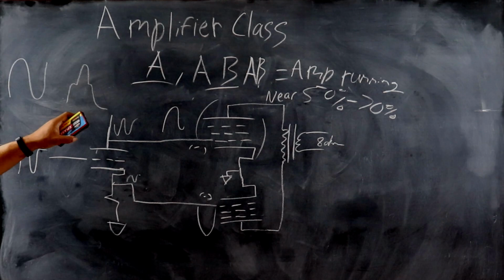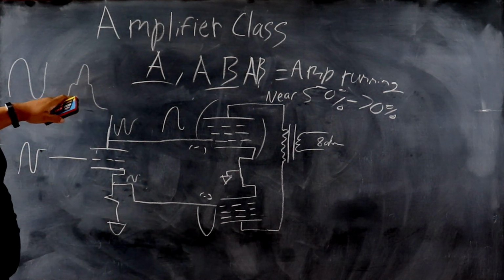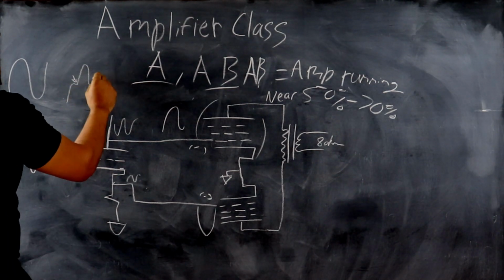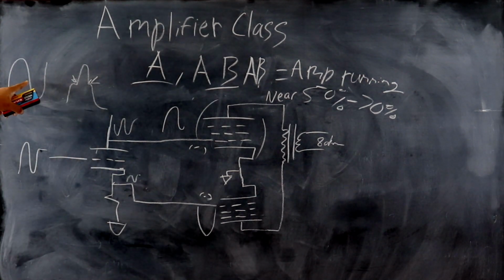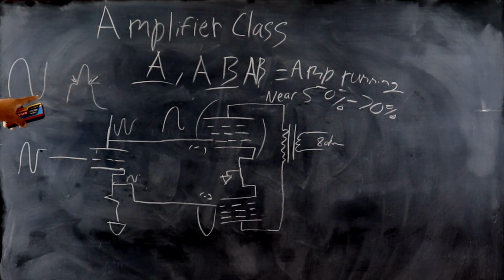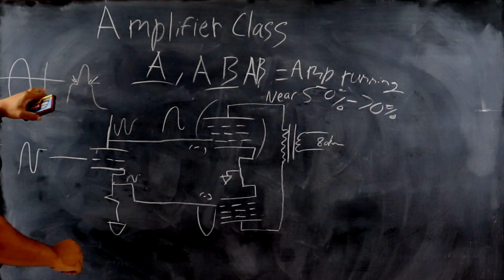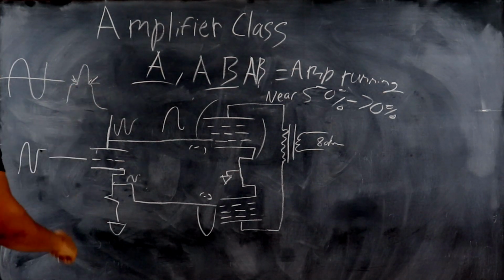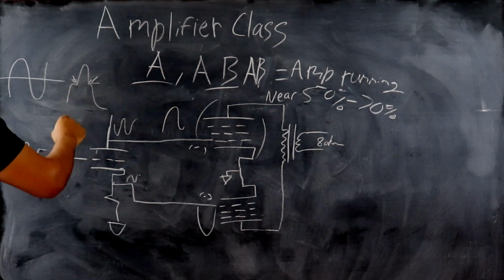So if you look up crossover distortion, you'll see an image that looks similar to this. And the distortion would be right here. The distortion would be where the sine wave is transitioning from positive to negative, which would be right there. As you can see right here, there's kind of dips and it's kind of uneven. That's where your crossover distortion would occur.